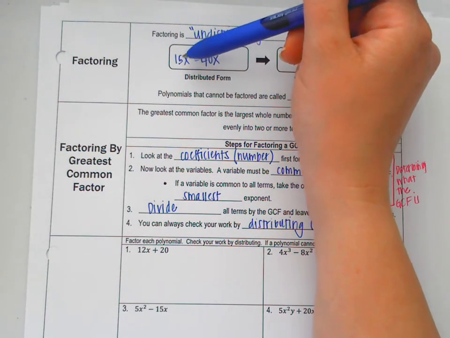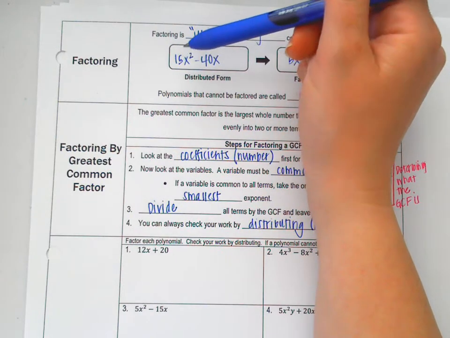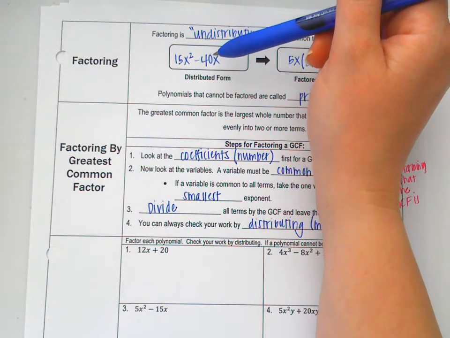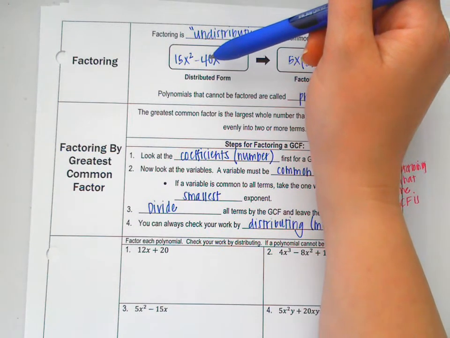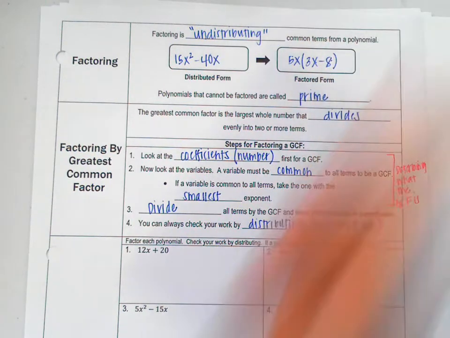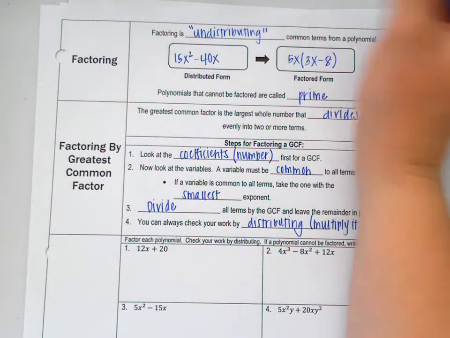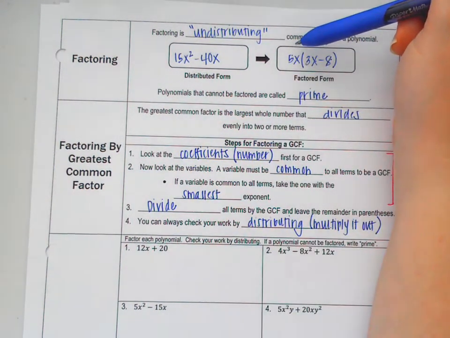The factors of 15 are 1, 3, 5, 15, and then I write out the factors of 40. That's probably a lot more: 1, 2, 4, 5, 8, 10, 20, 40. I don't think I missed any. But then I'm looking to see what's the biggest number that they both have in common. The biggest number they both had in common was 5, which is where this 5 comes from.